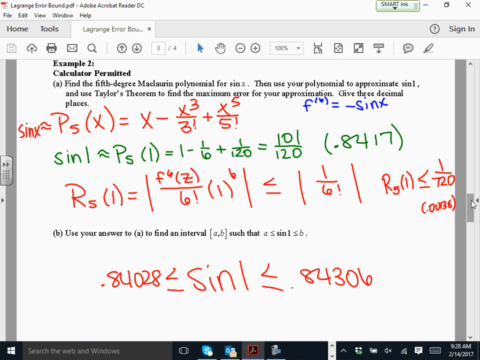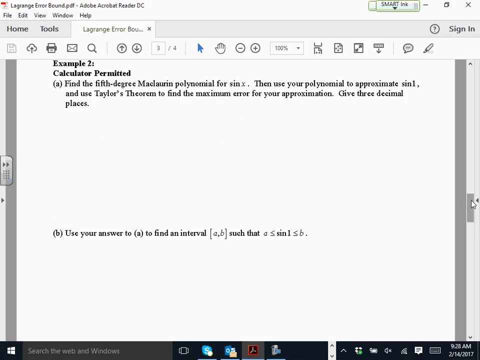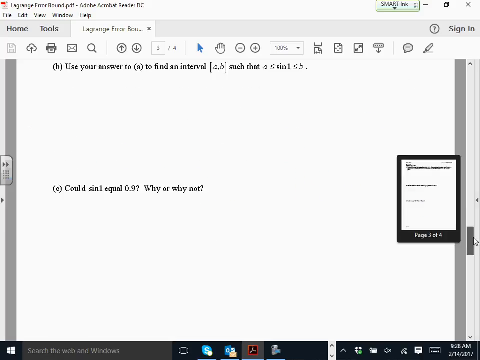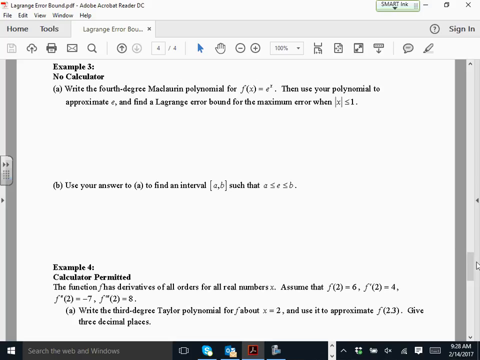Okay, so on the back you see we have 2 more examples. Go ahead and read through number 3. Number 3 is strict no calculator. How is this useful? Because if we need our calculator to figure out the error, we would just use our calculator to figure out the sine of 1. That's probably how they calculated the previous calculation. Maybe.